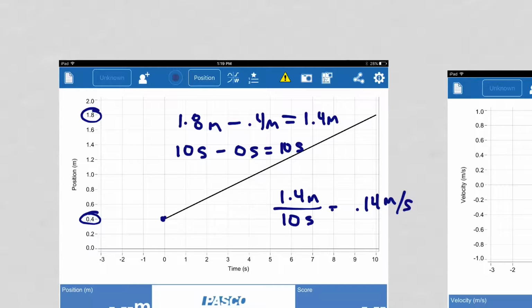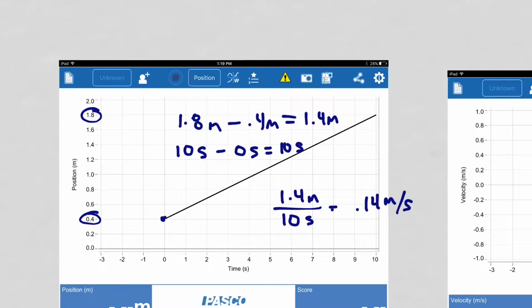You can just look, okay, over the course of 1 second, I should move about 0.14 meters. So if I start at 0.4, I should end at 1 second at about 0.54, which is, that looks like 0.5 would be right about here, and 0.54 would just be a little bit higher than that. So just spot check your work. Seems like we're in the right ballpark here.